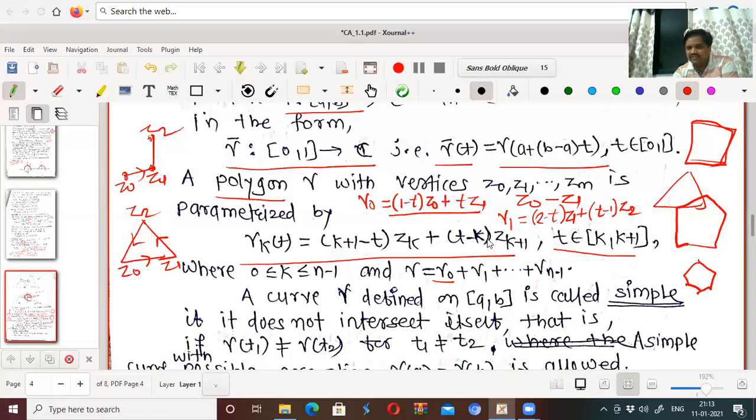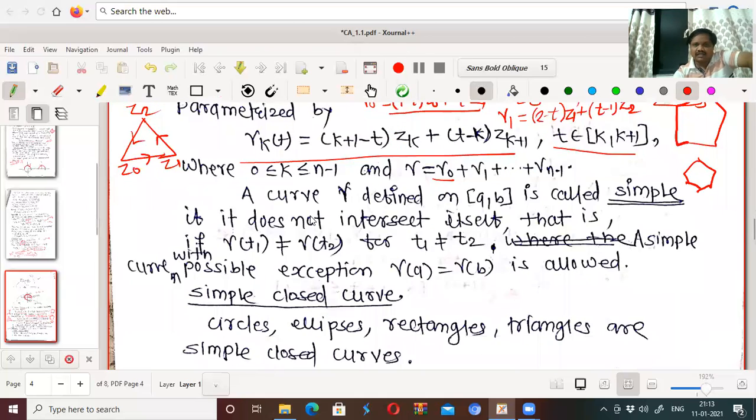Then gamma 2 becomes (3 minus t) into z2 plus (t minus 2) into z3. It is again the line joining z2 to z3. And so we get lines joining z0 to z1, z1 to z2, z2 to z3. If we add all these, we get the total polygon gamma.